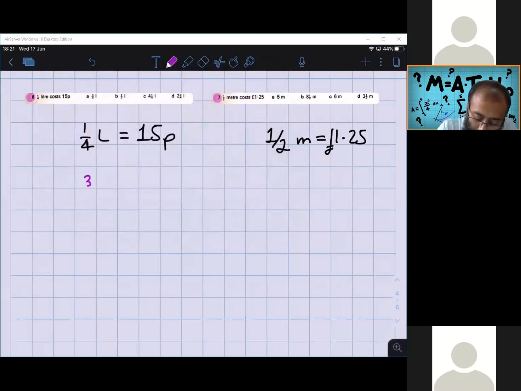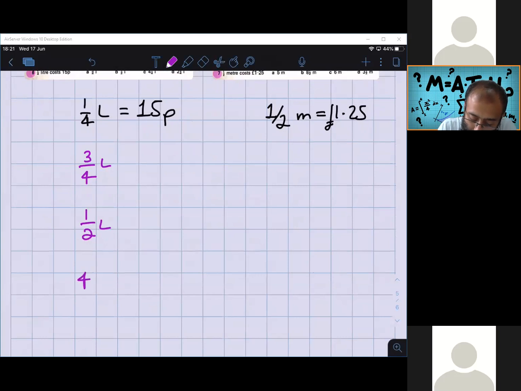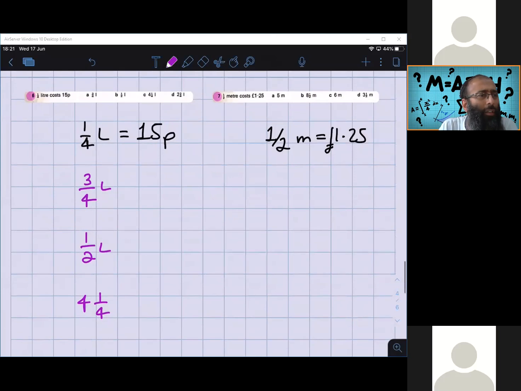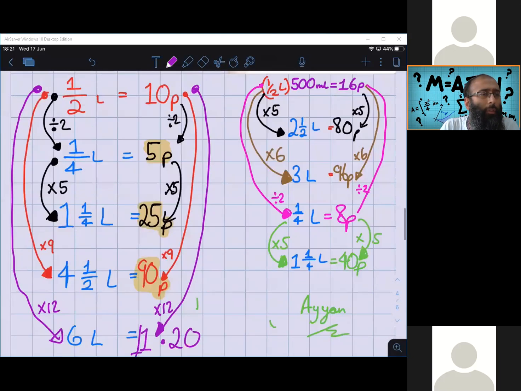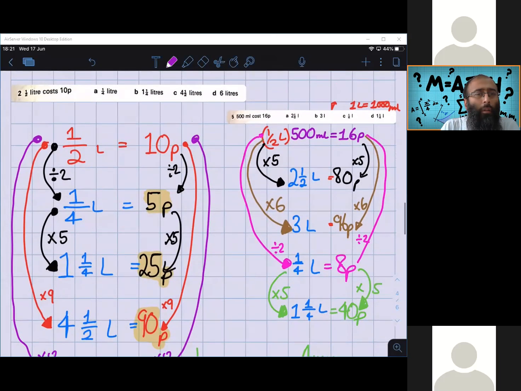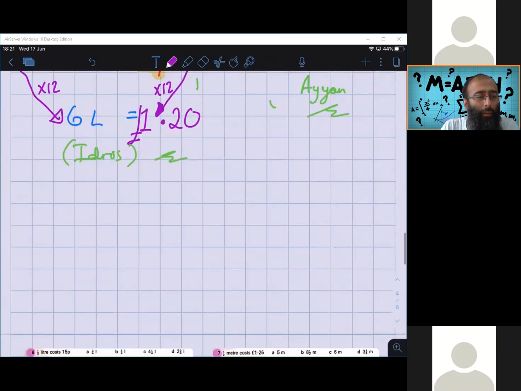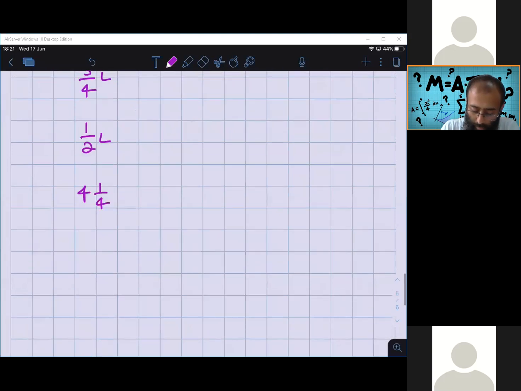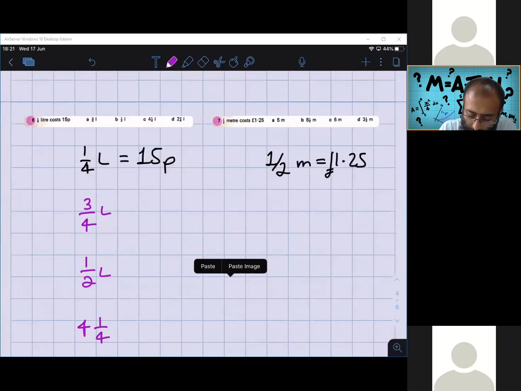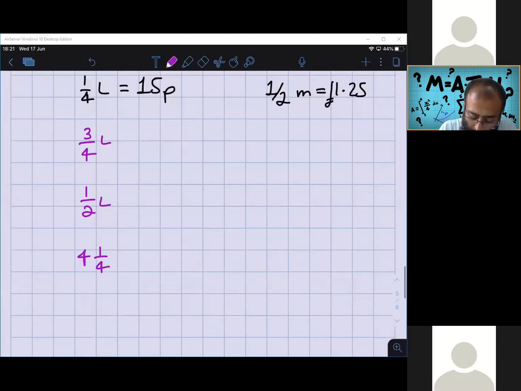Okay, I want everybody to start putting on their brave hats and see which person is going to be the brave one that joins me in this question. Is it 4 1/4? Okay, the question I'm doing now, I haven't done it before, but let me quickly check. Quarter 15 pence. Have we done it before? No? Okay, good. I don't do it again. Okay, 4 1/4, and the last one is 2 3/4.